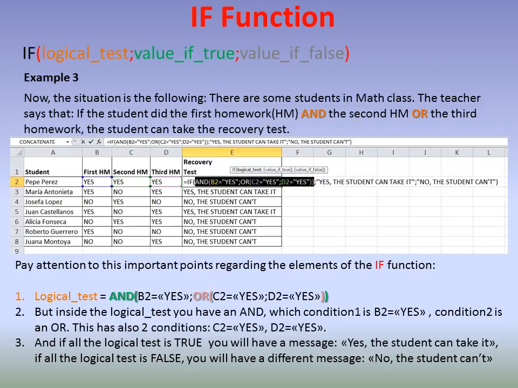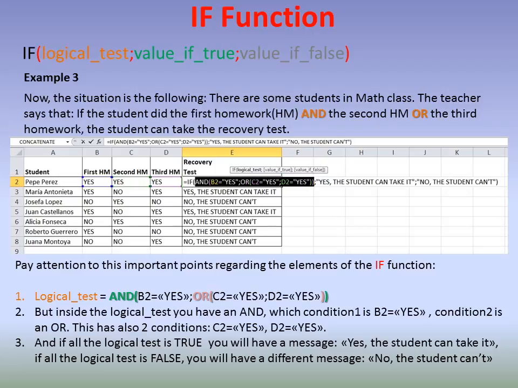Why? Because the problem says that you have to meet the first condition and one of the two other conditions. Do the second homework or the third homework. If all of the logical test is true, you can take the recovery test. If the logical test is false, you cannot take the test.